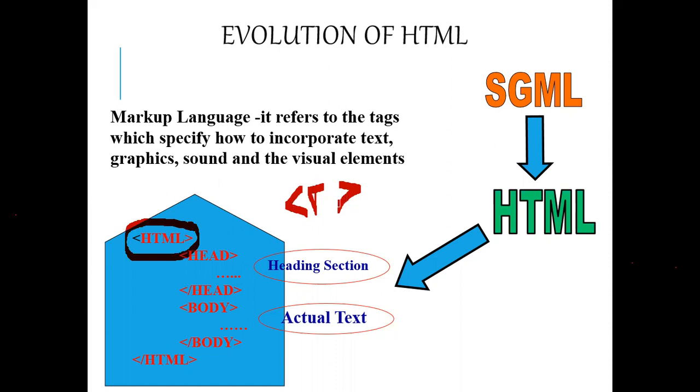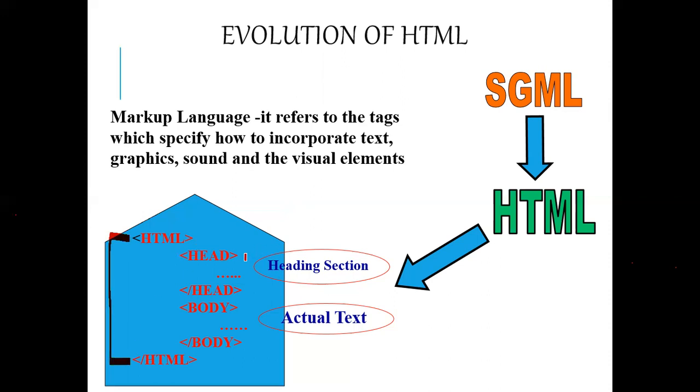When you are writing HTML, it consists of tags. You use these tags to do the designing of your page. In HTML, the web page is divided into two different sections.